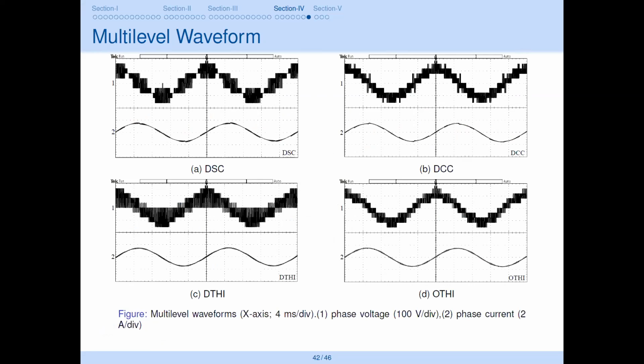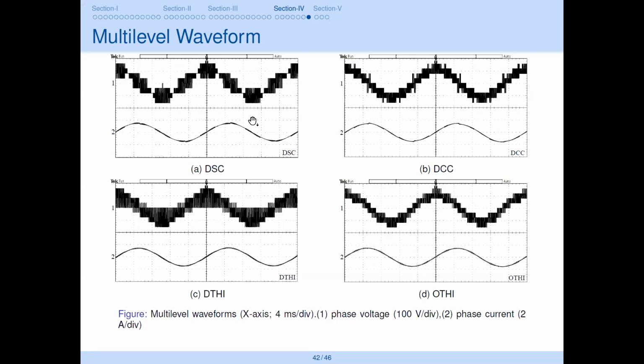DSC is decoupled split clamp. DCC means decoupled continuous clamp, that is the 60-degree clamp, and DTHI means decoupled triple harmonic injected modulating wave. OTHI means the offset sharing logic being applied to the triple harmonic injected modulating wave, the offset sharing method. So A, B, C are the decoupled, and the last is the offset power sharing logic.